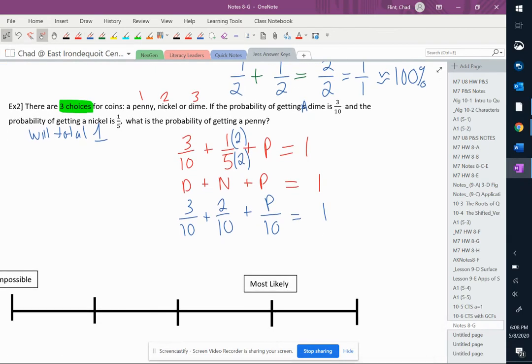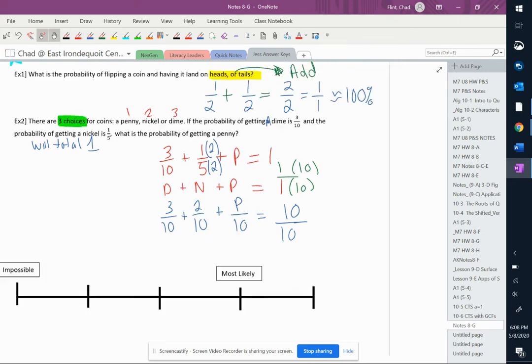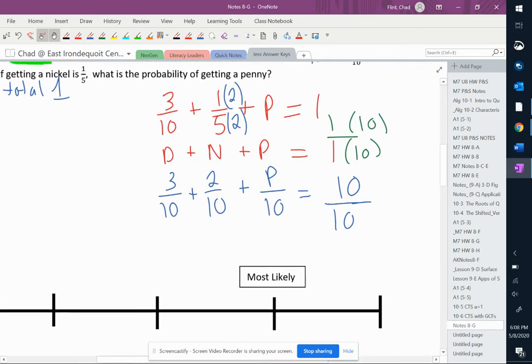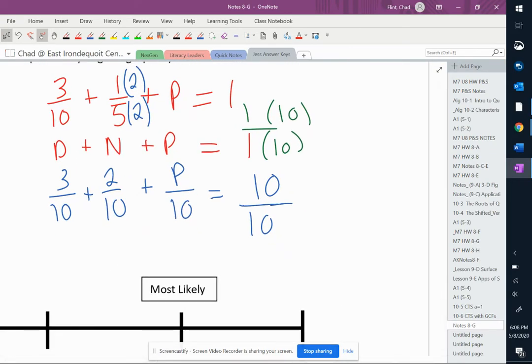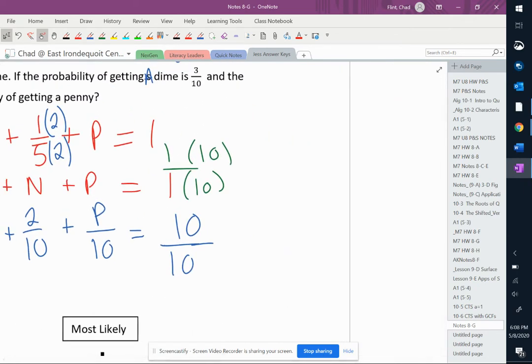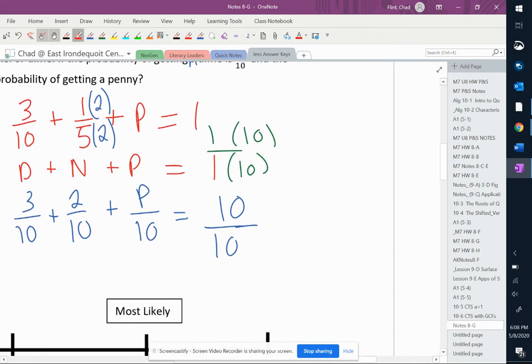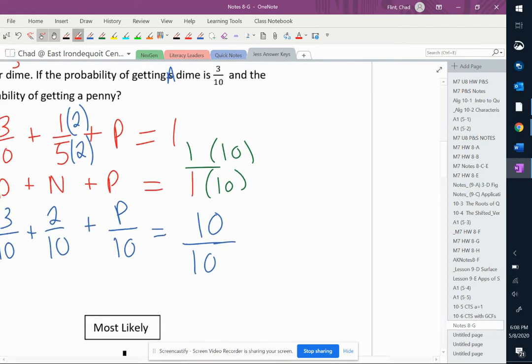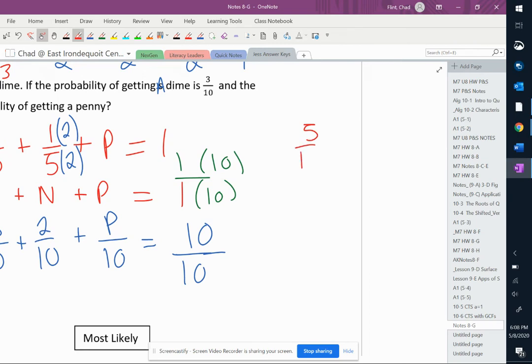And I know if I'm getting common denominators all around, in order to turn 1 into a common denominator of 10, that would have to be 10/10. I'd be multiplying 1/1 times 10/10. So 3/10 plus 2/10 gives me 5/10 plus p/10 is equal to 10/10.